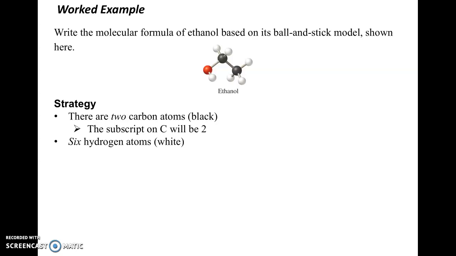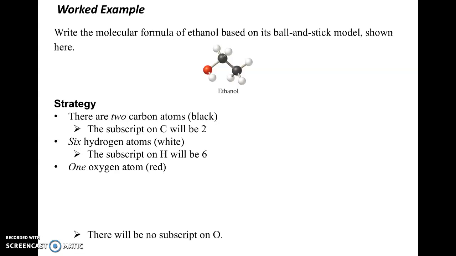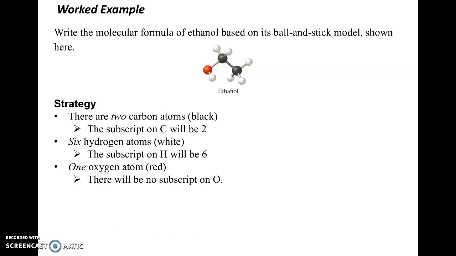There are 6 hydrogen atoms, they're the white balls here, and so we put a subscript of 6 after the hydrogen, and there is just one oxygen, which is red, and so you don't put a subscript on oxygen, by writing it, there's one of them there. So the formula is C2H6O.